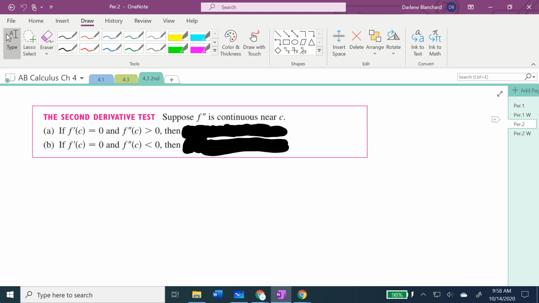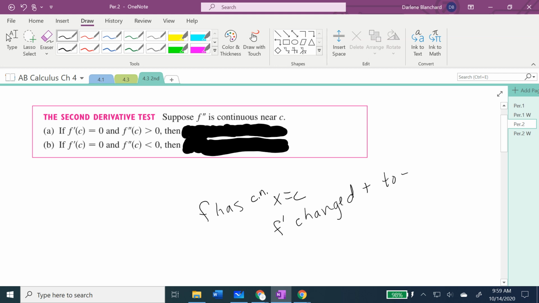Now, yesterday we learned the first derivative test. Do you remember what the first derivative test was? First derivative test, first of all, said if f has a critical number at x equals c, then if f prime changed from positive to negative, that means that f goes up and then down, because critical number could mean slope 0, but it could also mean slope undefined.